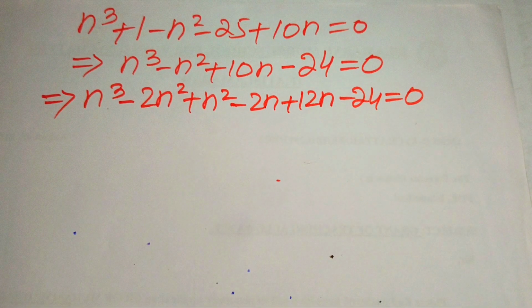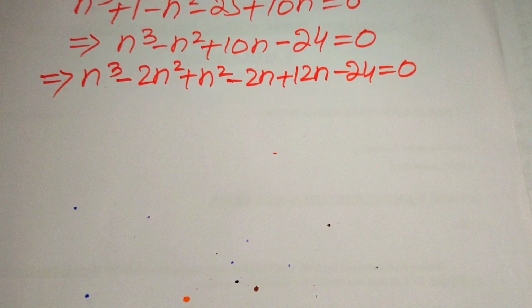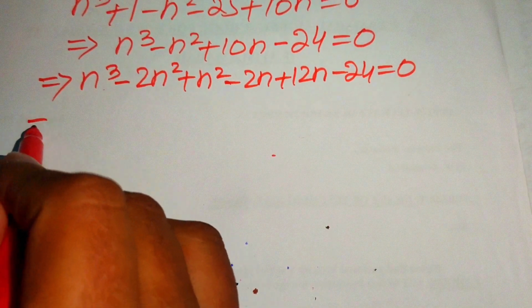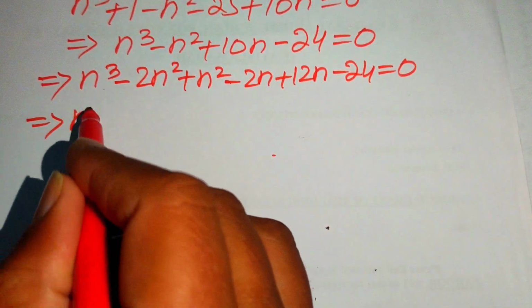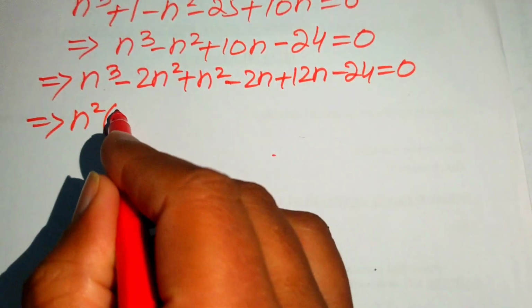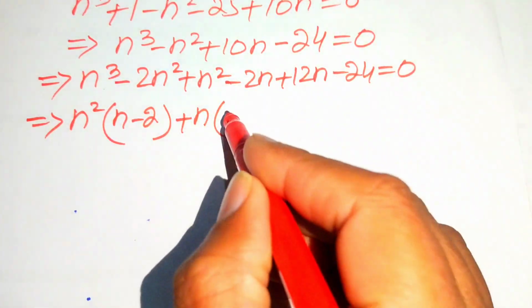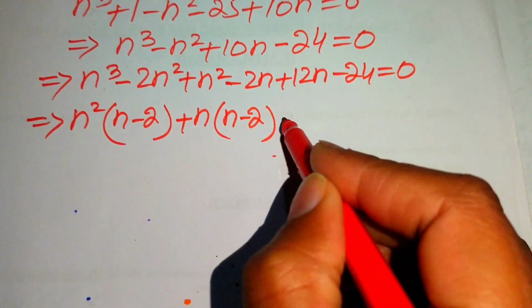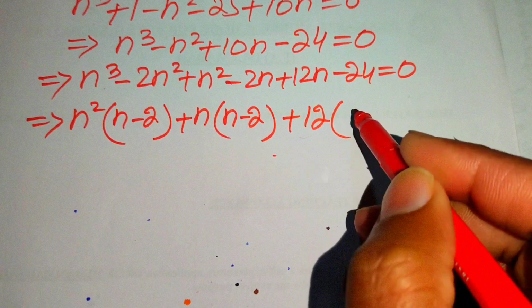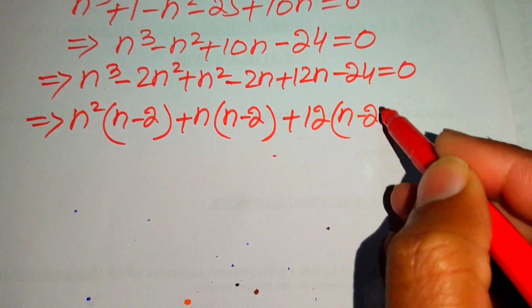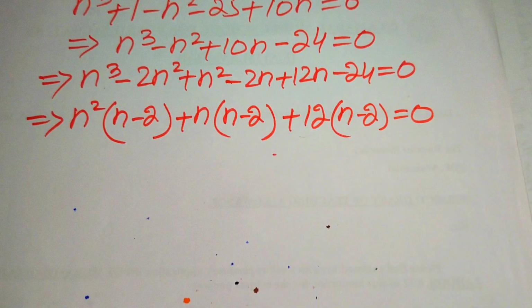So we can easily make the factors of this cubic equation. In the next step we first take common n squared from the first two terms and we get n minus 2, and here we take common n and we get n minus 2, and here we take common 12 and we get n minus 2 equals 0.